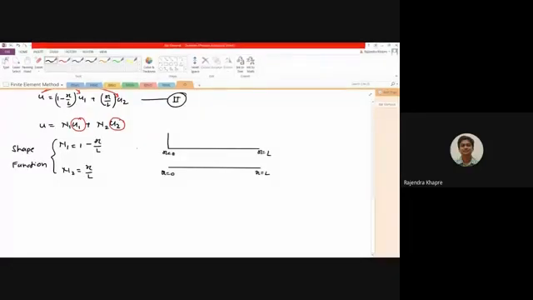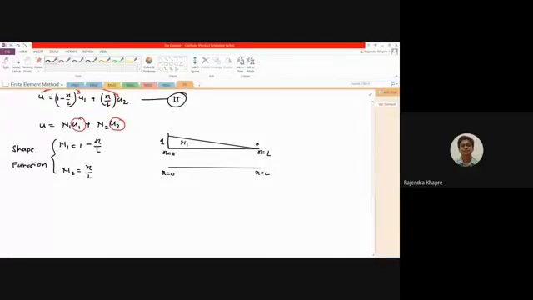And if you substitute x as L, the n1 value will be 0. All we have to do is join this with a straight line. So this is the variation of n1, where this value is 1 and this value is 0.